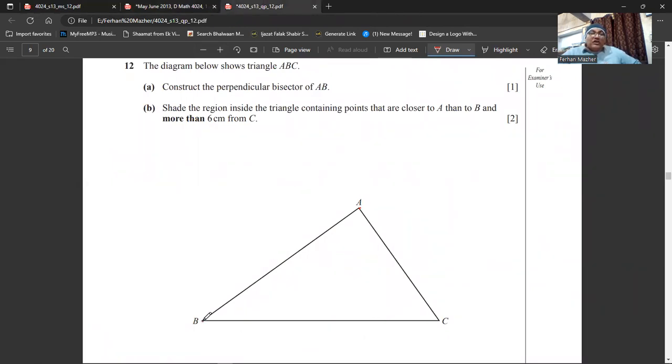Then you put your compass on B, draw an arc here, and draw an arc here. Where these two arcs intersect, join these 2 points with each other, and that will be the perpendicular bisector of AB. How much should you open your compass? When you put it on A, the compass should be opened more than half of the length of AB.